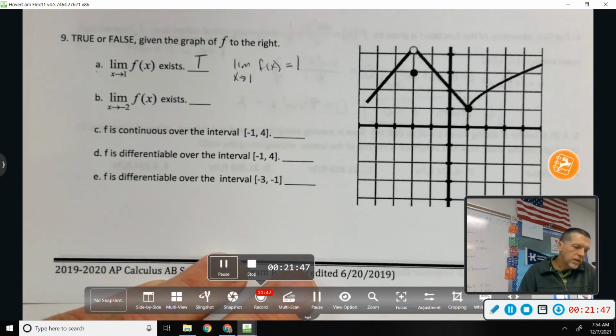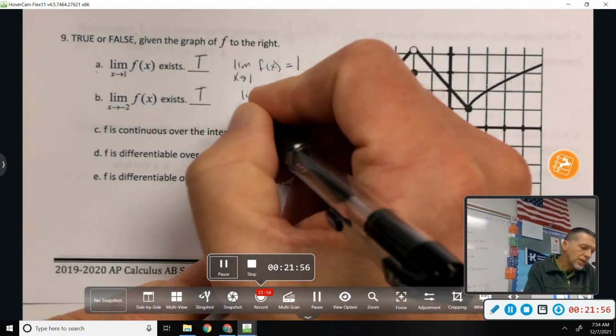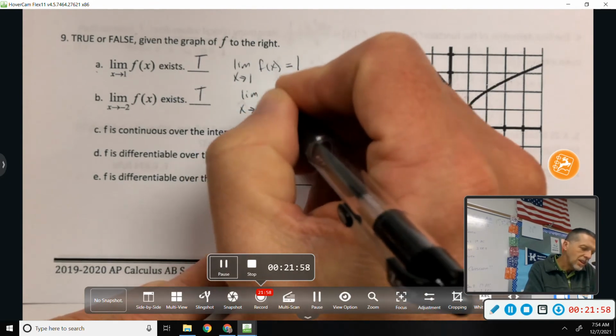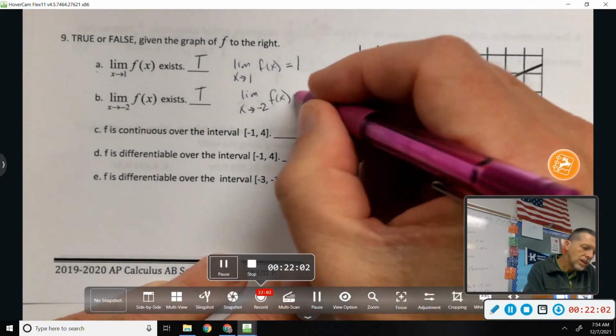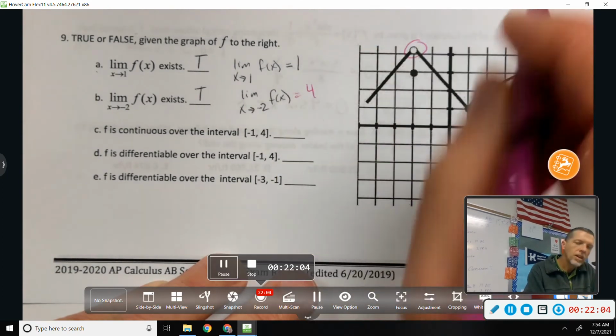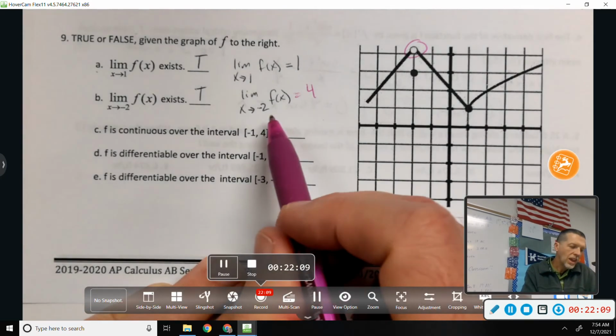Limit as x approaches negative 2 exists. True or false? True. And what does that limit equal? It would be 4. So there's a hole there, but that's okay, because it doesn't ask about the function at negative 2.